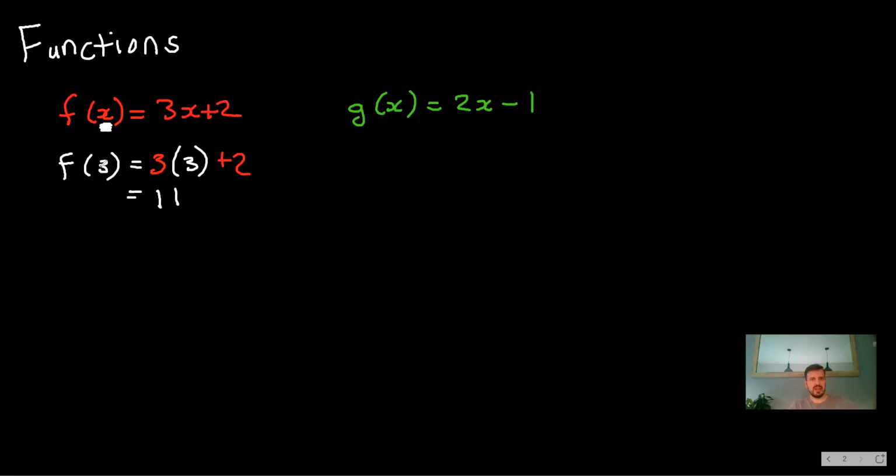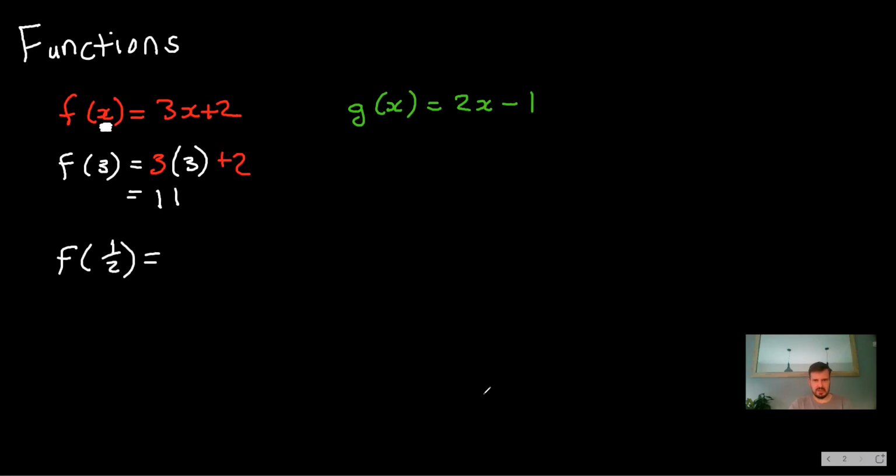So basically, for f of 3, whatever x is, put a 3 in. So 3 times 3 is 9 plus 2. That's the first thing about the notation. We could say, what is f of a half?